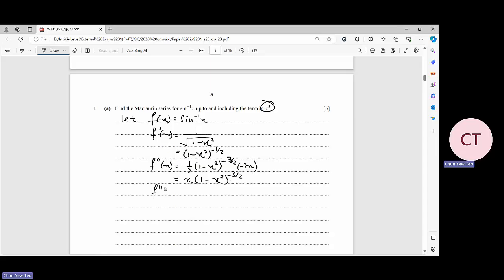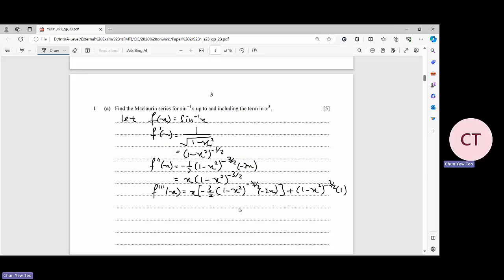Then after that, you differentiate for the third time. You need to go up to x to the power 3, so you need to differentiate until the third derivative. For the third derivative, we apply the product rule and the chain rule together: keep the left, differentiate the right, plus keep the right, differentiate the left.